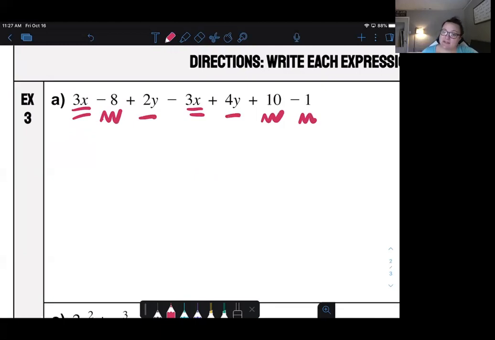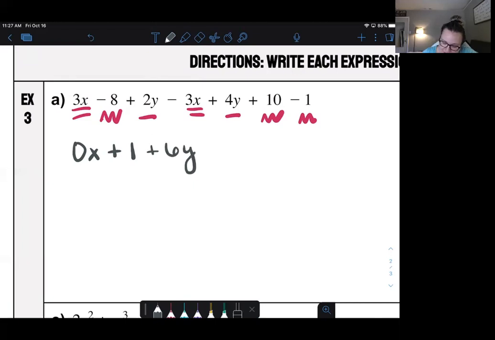I like to put these line things underneath my like terms because it helps me visually know which ones I need to combine and simplify. So let's go for it. 3x minus 3x is 0x. Negative 8 plus 10 minus 1. Let's see, negative 8 plus 10 is 2, minus 1 is just 1. 2y plus 4y is 6y.